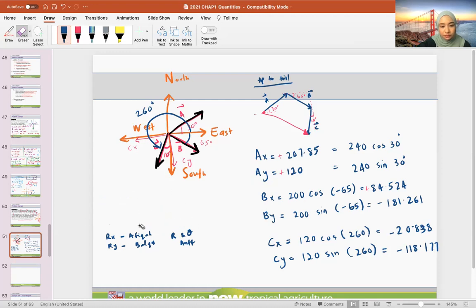For Rx, 207.85 plus 84.52 plus 20.84 equal to 271.53. Rx.